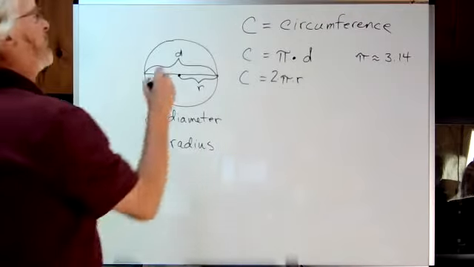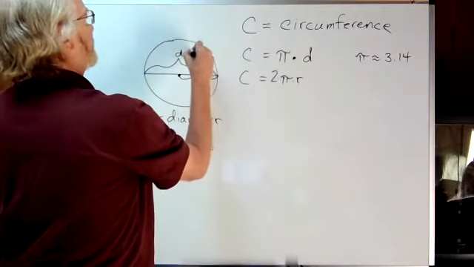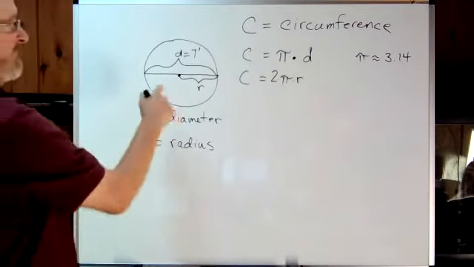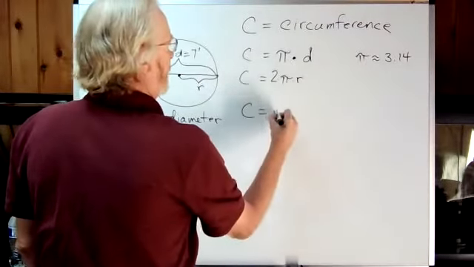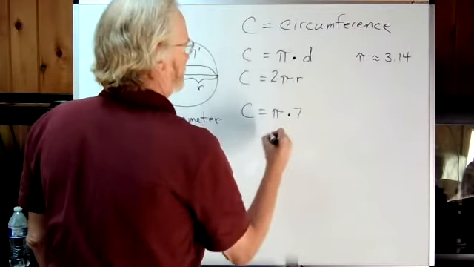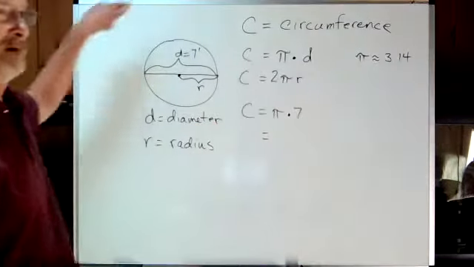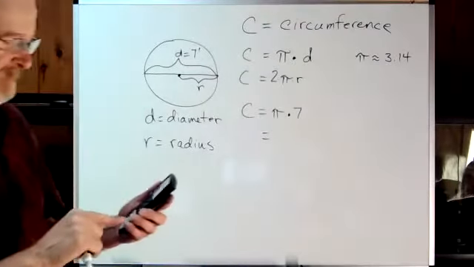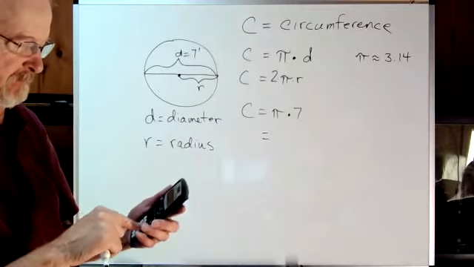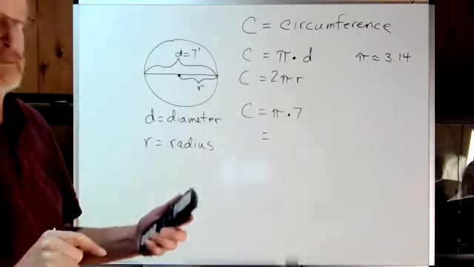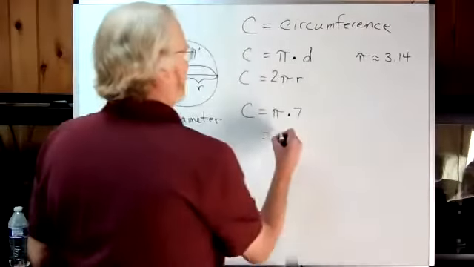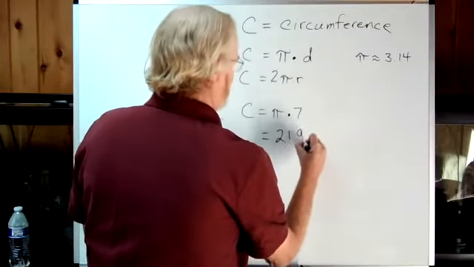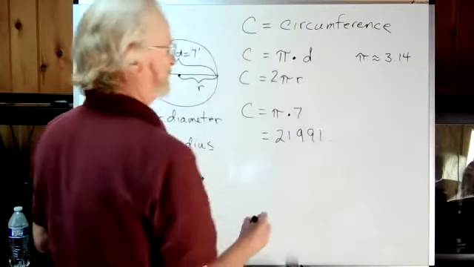So let's make up one and say this diameter is 7 feet. So my circumference will be pi times 7. Circumference, just the length. Pi times 7 is 21.99, and really I have 991 and a bunch of other decimals.